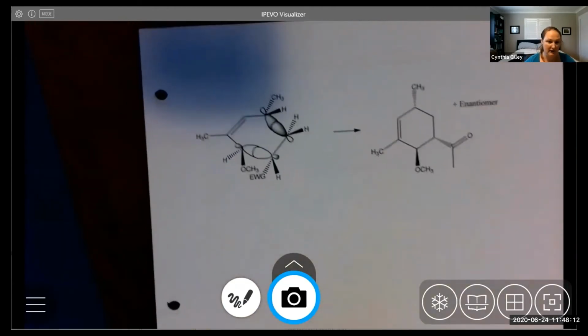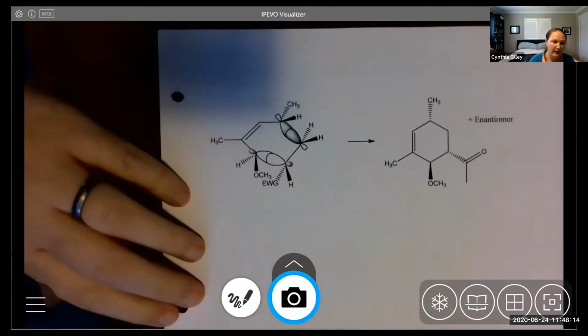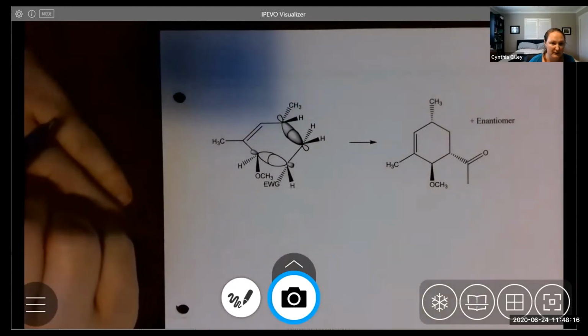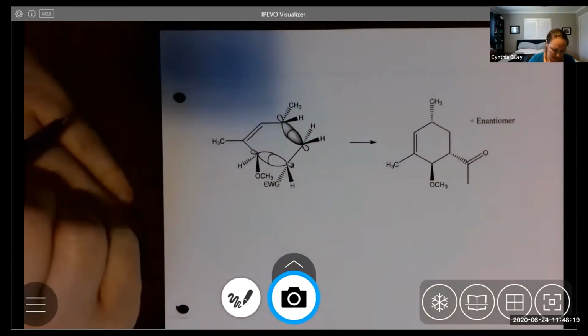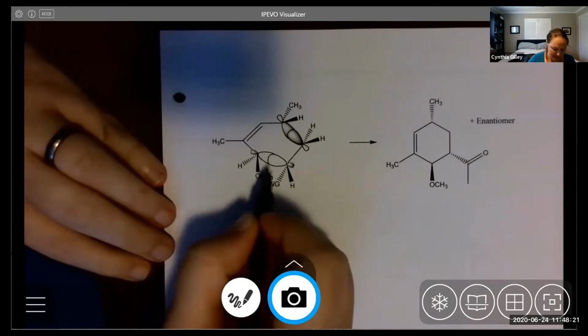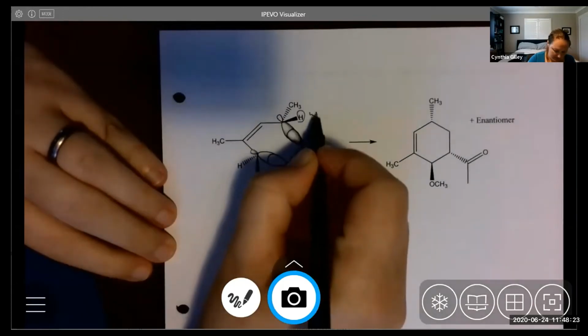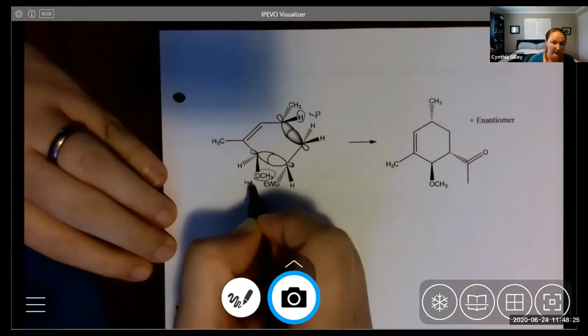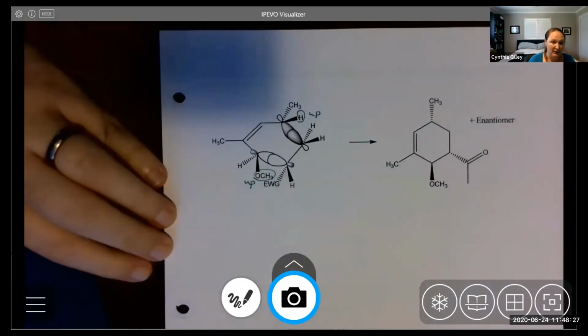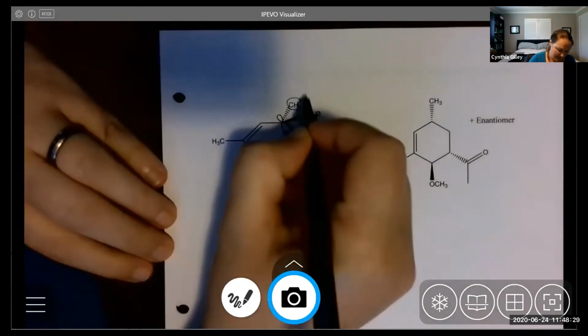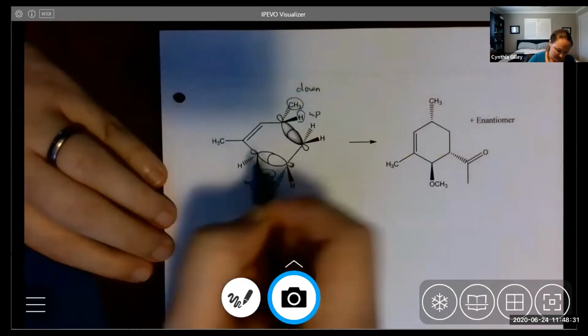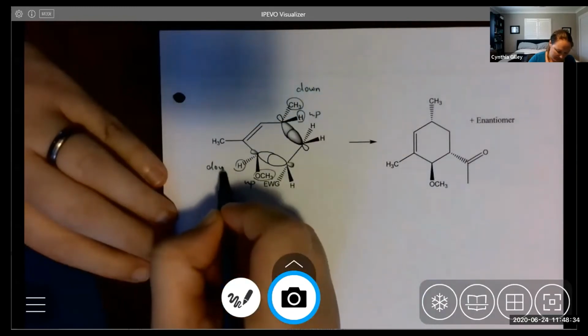And it's difficult to visualize, so here's another picture. After they're forming the new sigma bonds, our groups that were pointed in are now in the up positions. Our groups that were pointed out are now in the down positions. Down and out.